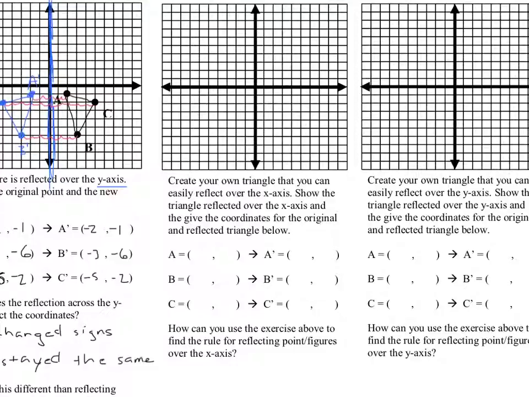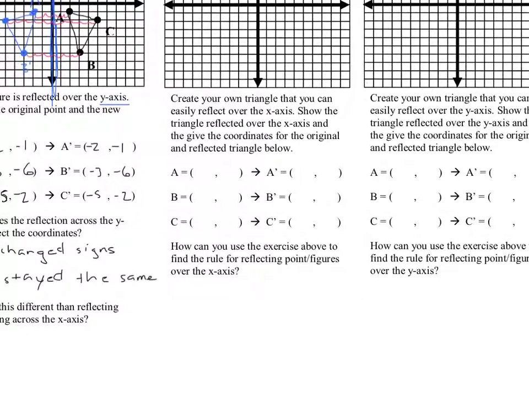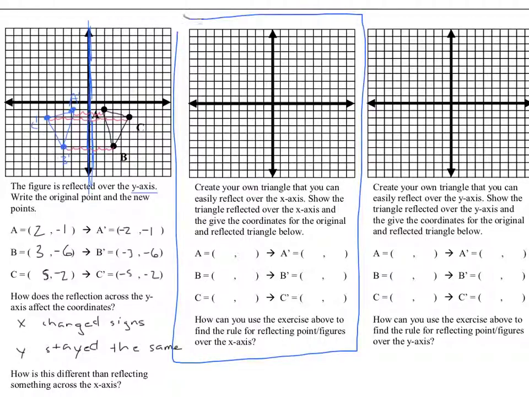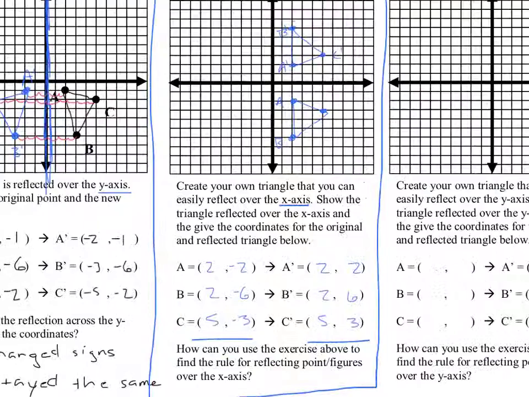Graph the triangle, then graph its new reflected triangle, and answer the question below. So you're going to be doing this whole panel right here. You're creating your own problem, and you're reflecting it across the x-axis. And then you're giving me the coordinates. All right? On your own. Work.